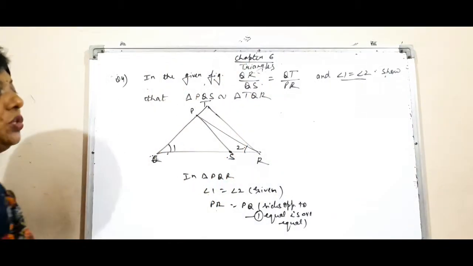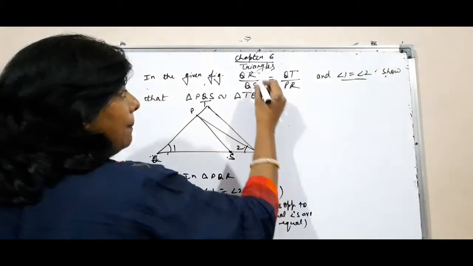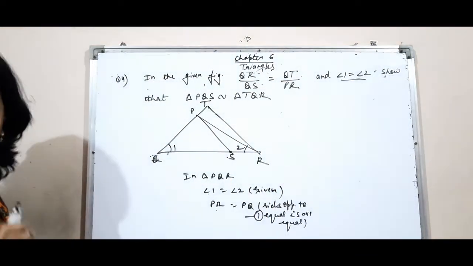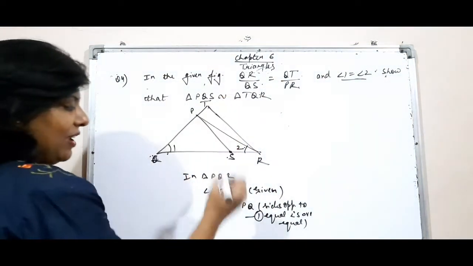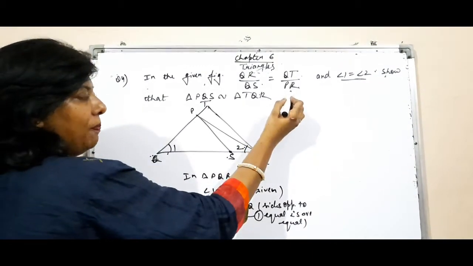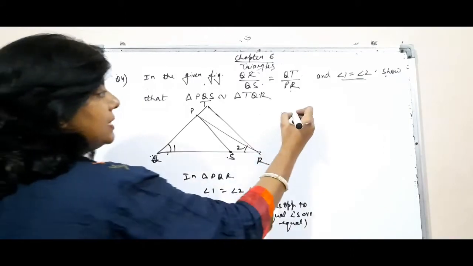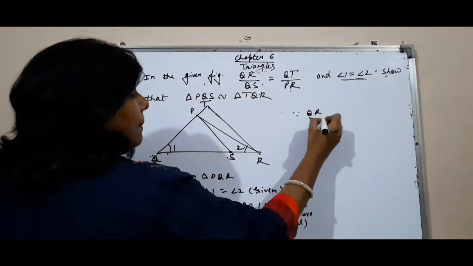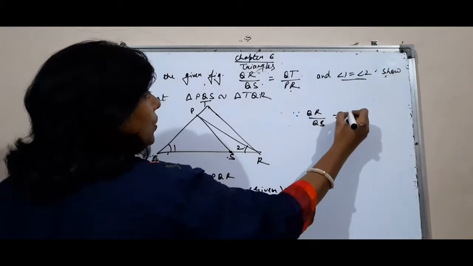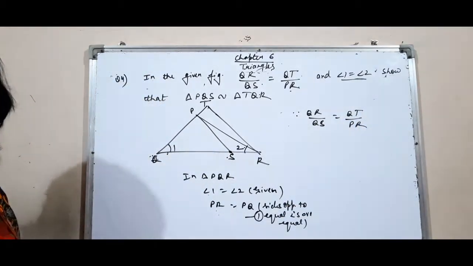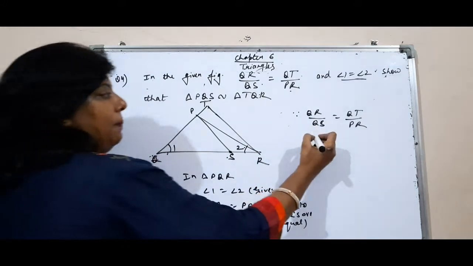It is given to you QR upon QS equals QT upon PR. Okay? Can we write PQ in place of PR? Because QR upon QS equals QT upon PR, so in place of PR, we can write PQ.